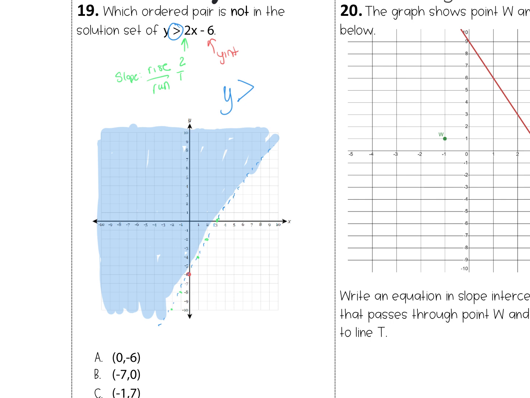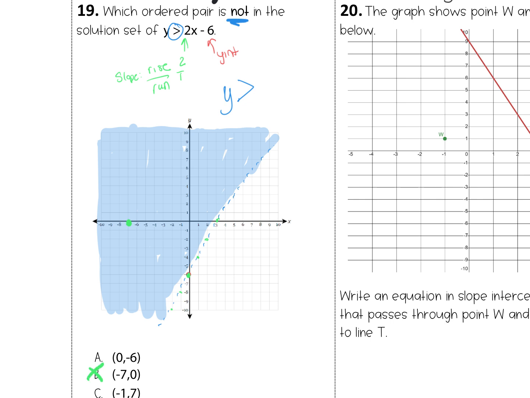So if I want to know which one of these is not a solution, then the dot cannot be in the shading. So 0, negative 6 is on the line. Negative 7, 0 is right here. That's not it.